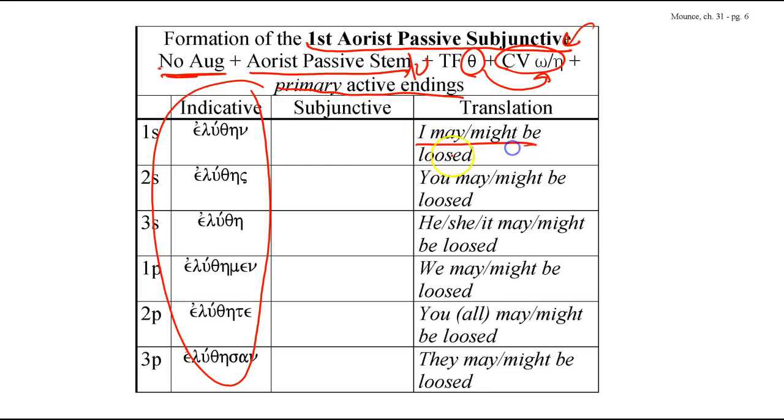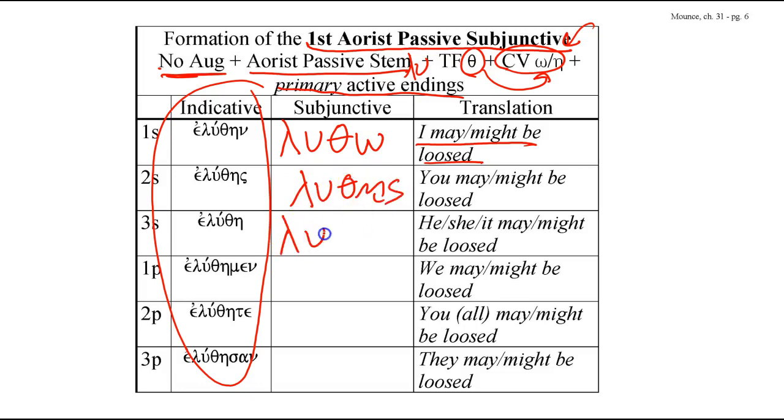So to translate, I may be loosed, the aorist passive subjunctive, you take lu, you take the tense formative theta, long connecting vowel plus the primary active suffixes, and it's lutho. You might be loosed, it's luthes.